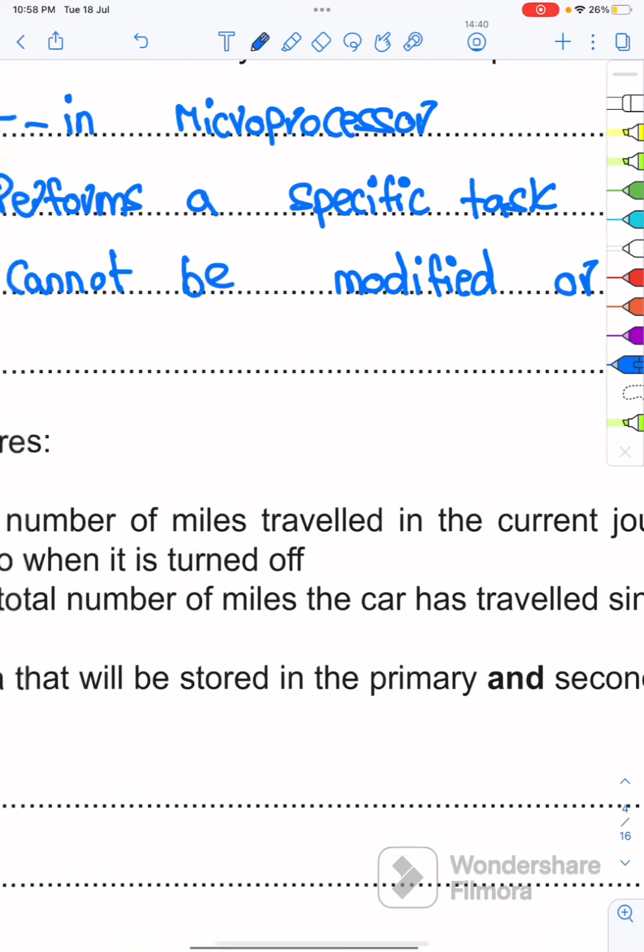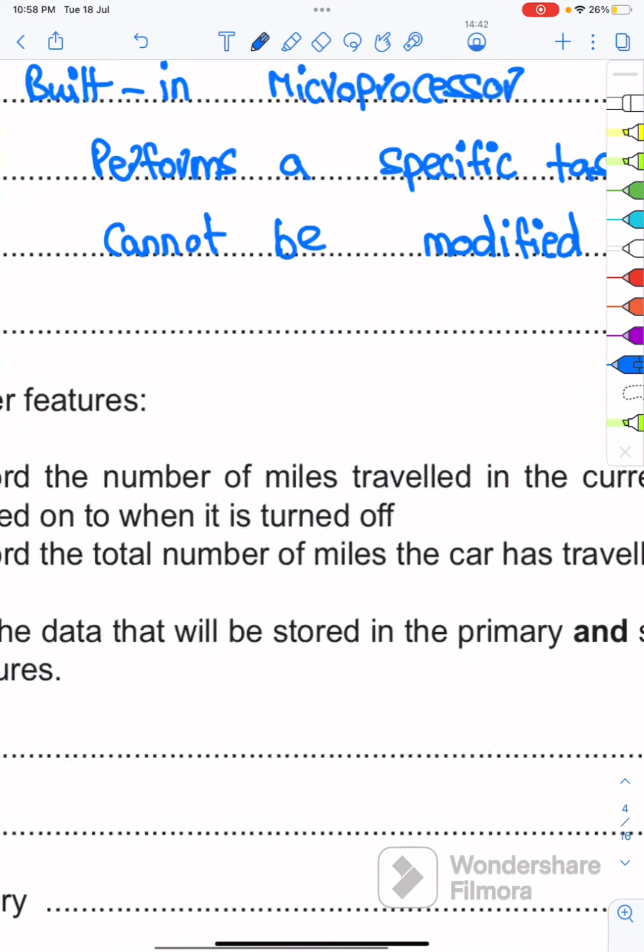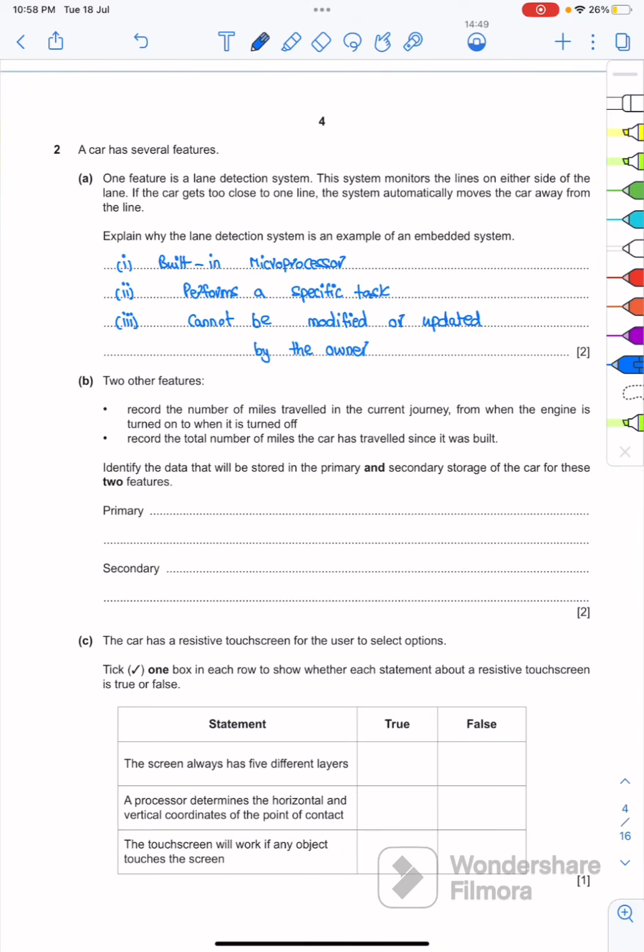And by this I'm talking about the lane detection system being updated by the owner. You can update and modify your computers and other devices, but embedded systems have one specific feature that is mentioned in your syllabus: they cannot be easily updated or modified by their owners.